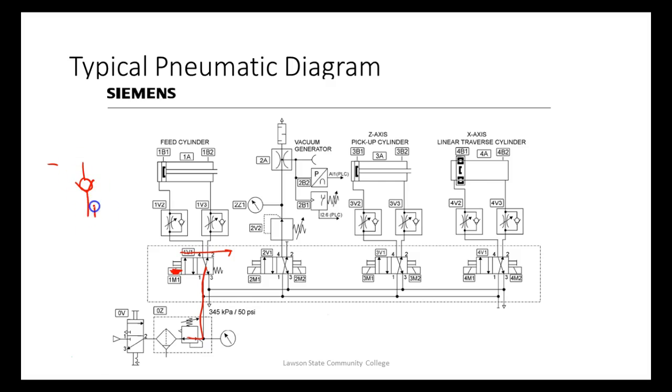If fluid goes on this side, it pushes the ball up out of the seat and lets the air go through. If it tries to come the other way, it pushes the ball into the seat and it can't go. So these are check valves. Check valves only let the fluid flow in one direction, right? This right here is an adjustable flow control valve.